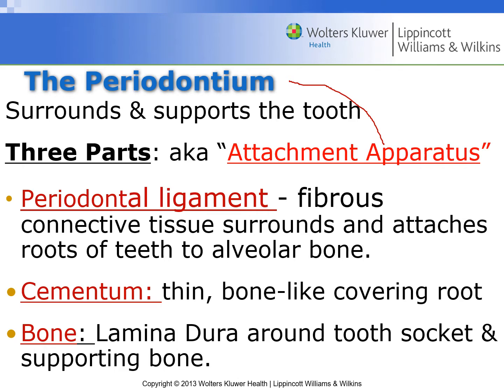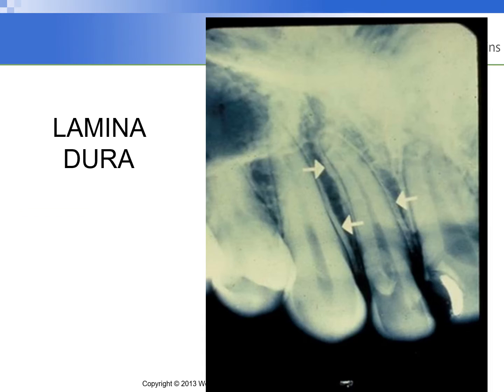So bone is the bone socket that houses the tooth, or the tooth socket, they can call it. And the lamina dura is the tooth socket and supporting bone. So here's a picture where the lamina dura is easy to see on an x-ray.